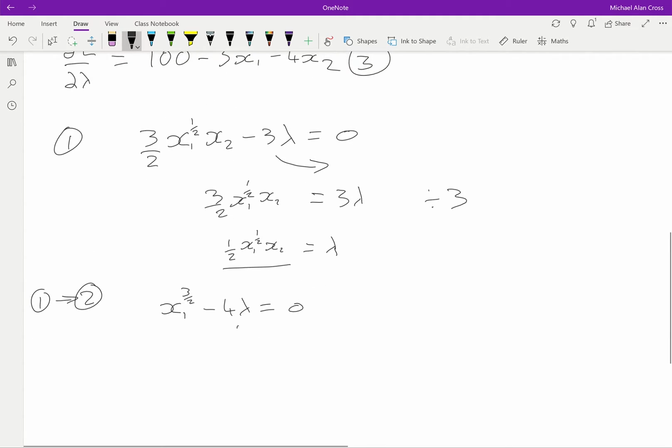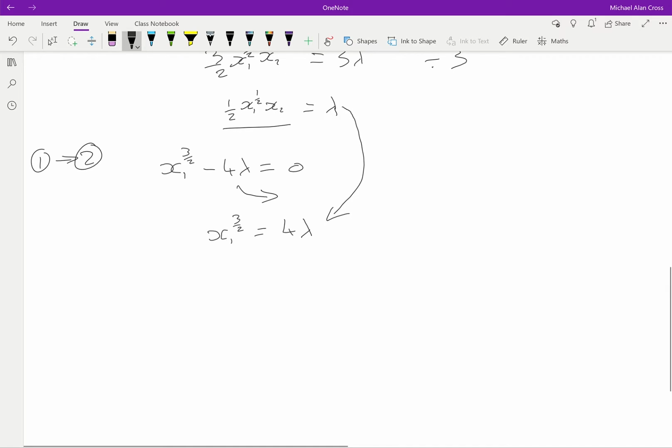So the first thing I'm going to do is move that to the other side so that x1 to the 3 over 2 equals 4 lambda. And then I'm going to put that in there and say x1 to the 3 over 2 equals 4 times, and here's everything that lambda is equal to. Wow, I definitely keep forgetting to call that number 1.